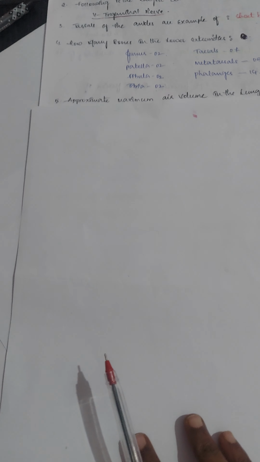So here, two femurs, two patellas, two fibulas, two tibias. Each extremity contains 7 tarsals, 5 metatarsals, and 14 phalanges, right? So just double it: 7 into 2, 5 into 2, and 14 into 2, and together you add and you will get the total of 60.